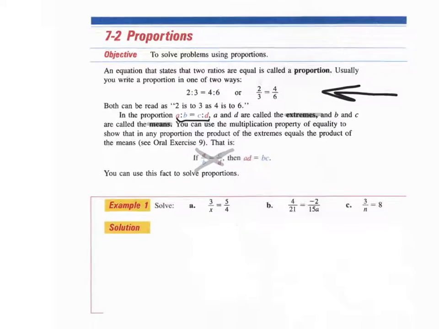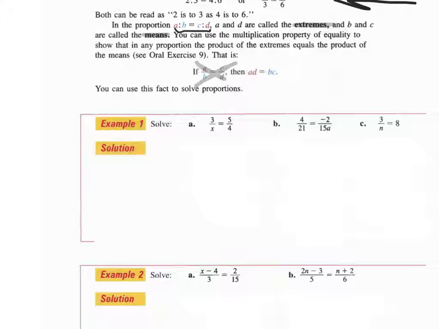So let's try this. So for example, in the first one, example 1A, I'm going to use the cross products, and I'm going to multiply first 5 times x, and I get 5x. And then for the other cross product, I'll multiply 3 times 4.